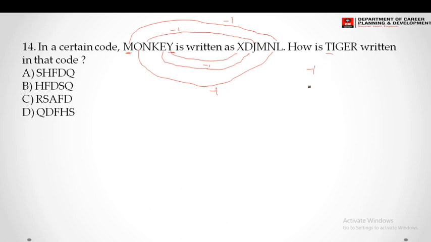T minus 1 is, sorry, this one. So R is minus 1, written on first.